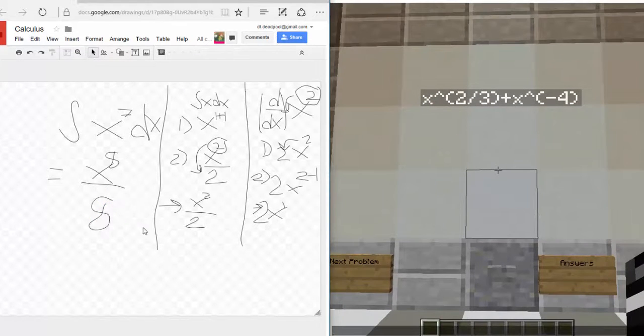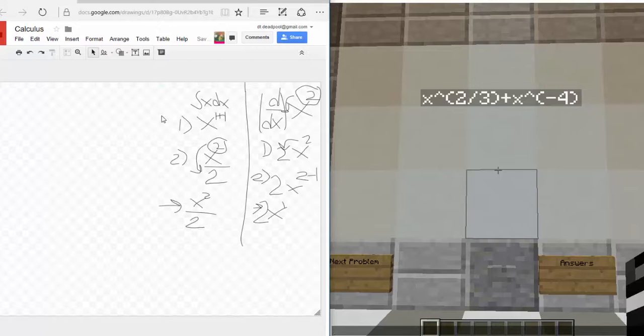Now the harder one. And this works the same way as the derivative did. So remember, when I said take the derivative of the whole thing, you can also take the derivative of each part, right? So the integral of x plus x squared, see this?